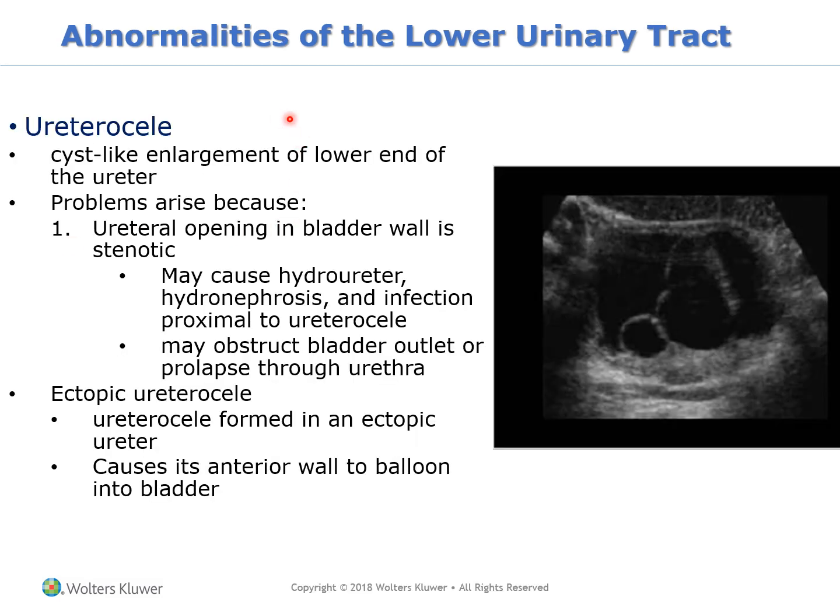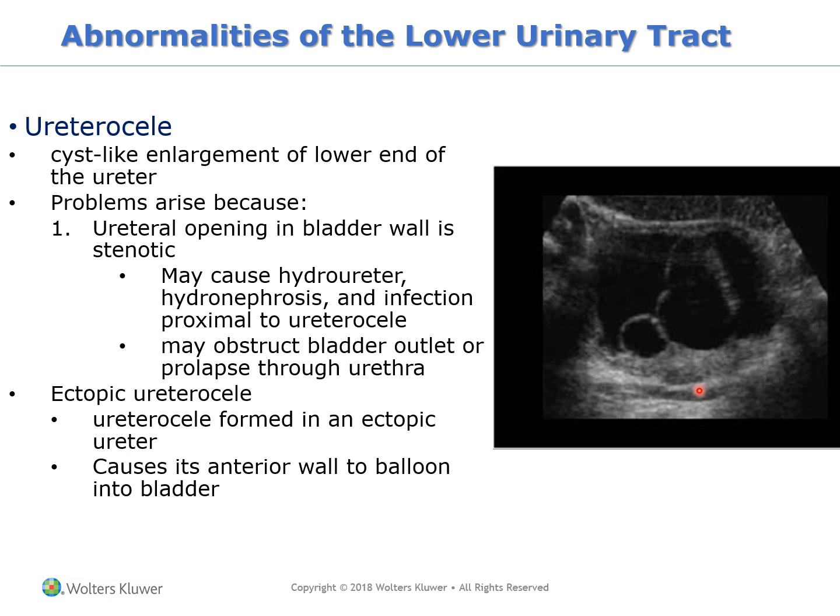Okay. Now, ureteroceles are kind of tricky because if you look at this image, with just a quick glance, I'd be like, oh, this patient has an indwelling urinary catheter because it kind of looks similar. But a ureterocele is quite a bit different. So a ureterocele occurs right at the insertion of the ureter into the bladder.